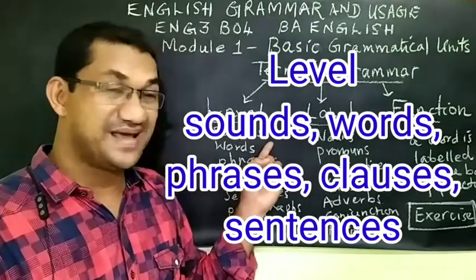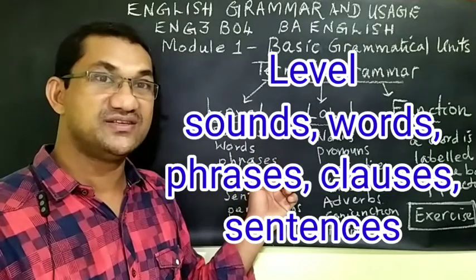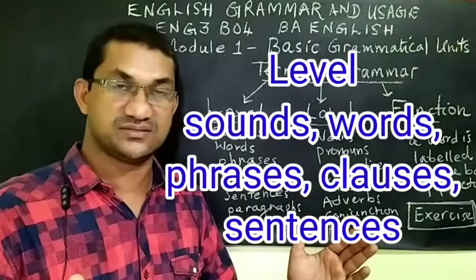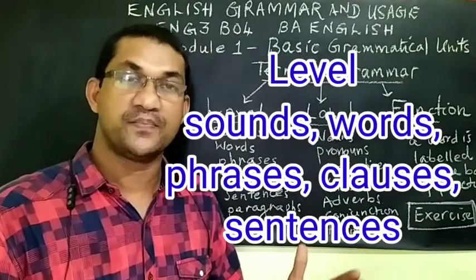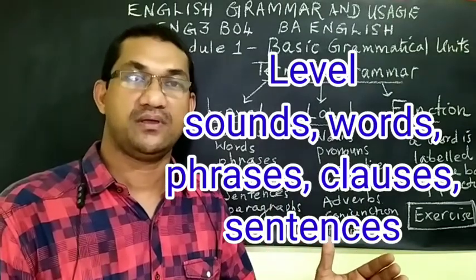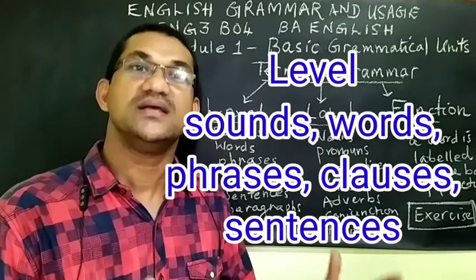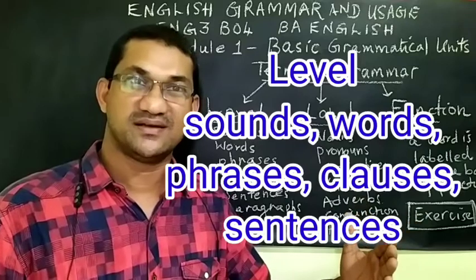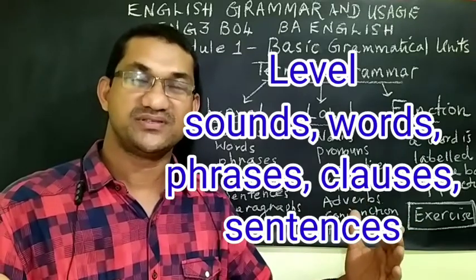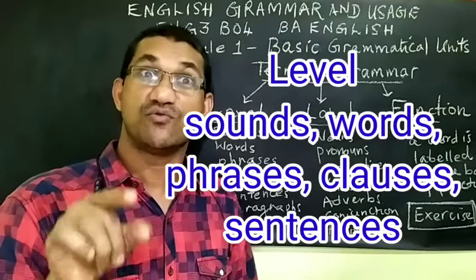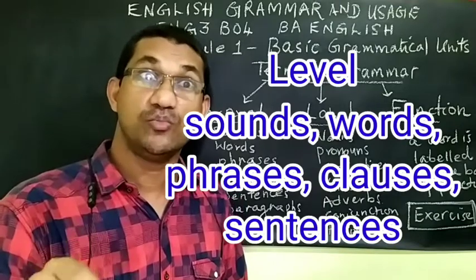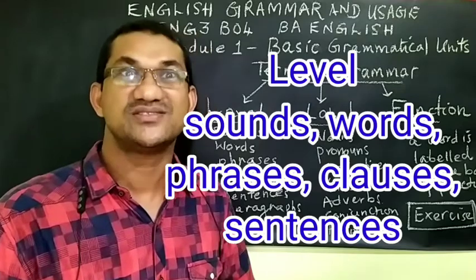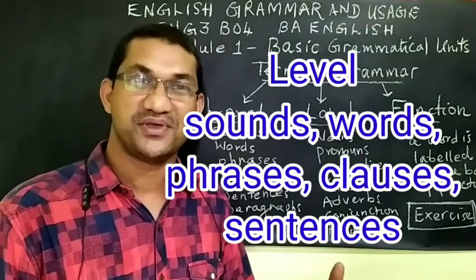A clause can be a sentence, like I am happy. I is the subject, am happy is the predicate. So what is a sentence? A sentence is a group of words which gives us a complete sense.